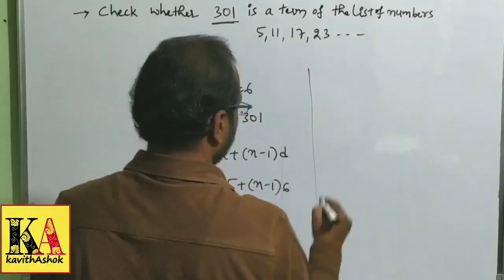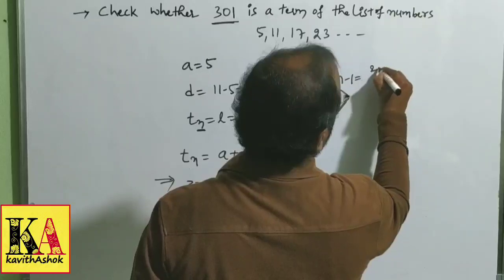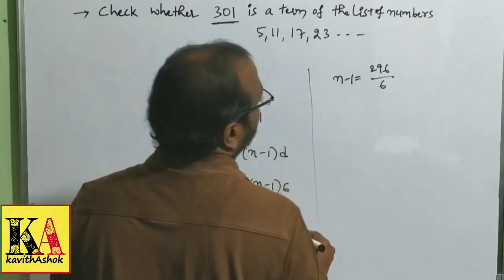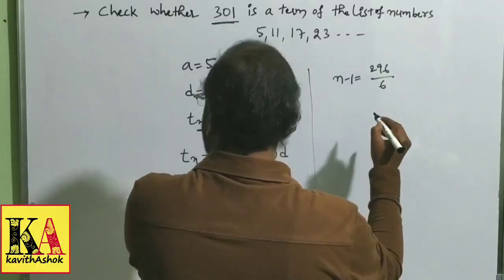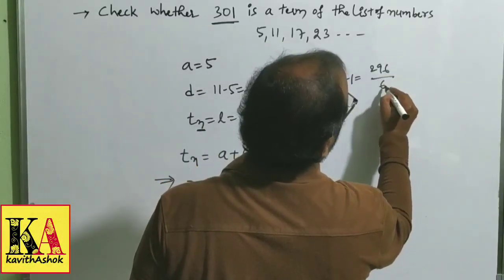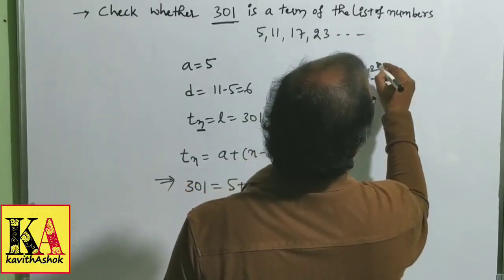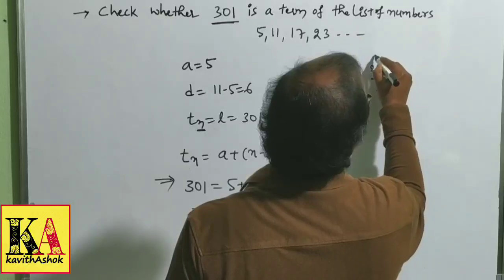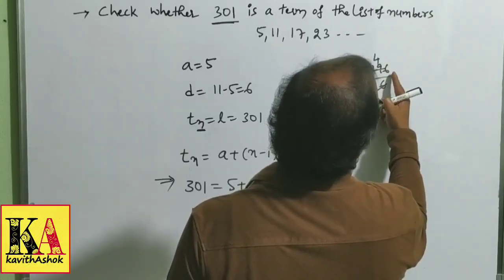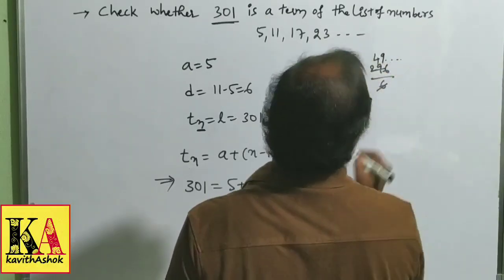Now this is equal to n minus 1 is equal to 296 by 6. So we can get here 11, 17, 6 5s are 56, 6 4s are 24, this is 56 here, 6 9s are 54, point something.